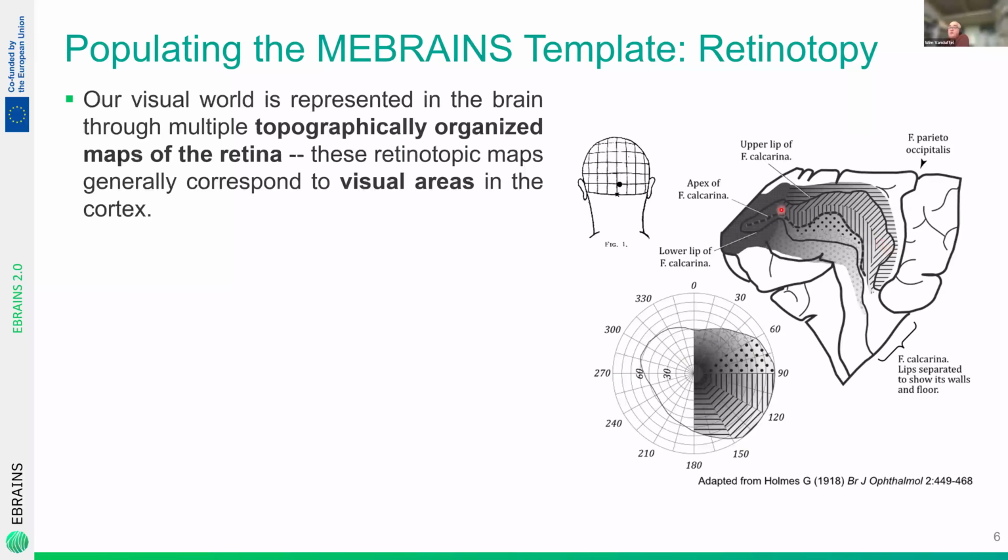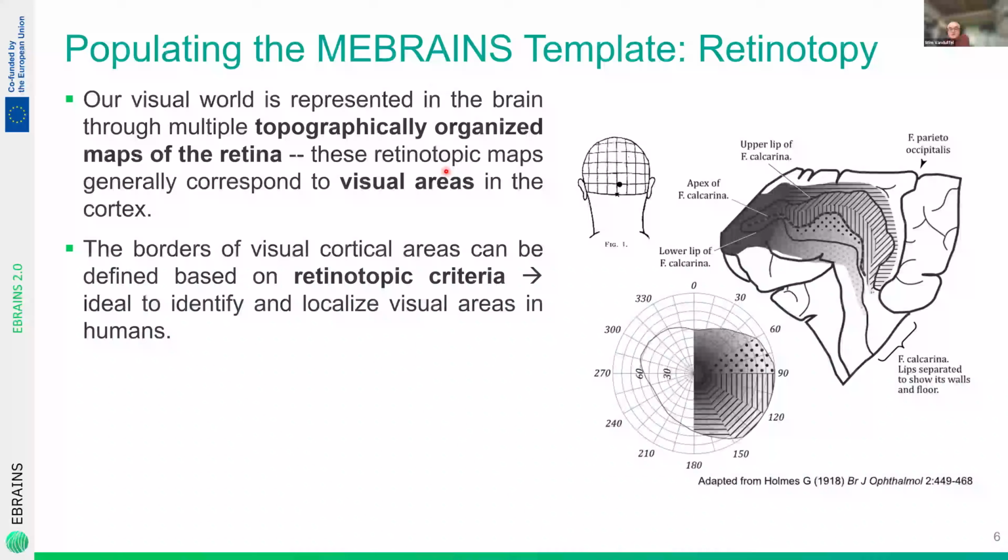The visual world is represented through topographically organized maps. It's not just one map, but multiple maps. We don't even know at this moment how many maps there are, probably 30 plus. And these retinotopic maps correspond to visual areas.